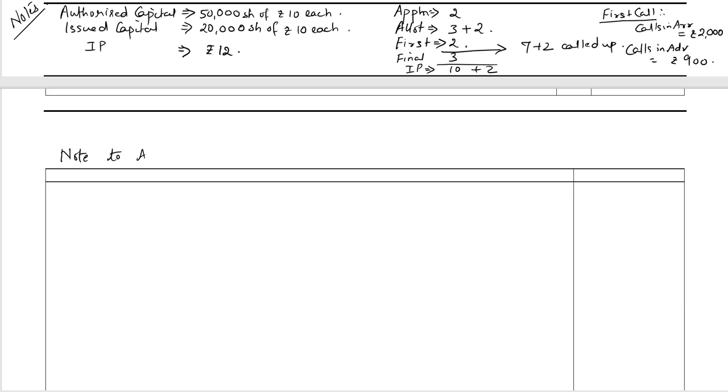Note to accounts. We have particulars and a rupee column. The first note is for share capital. Let's begin with authorized capital.